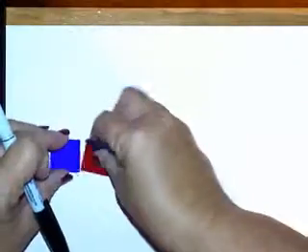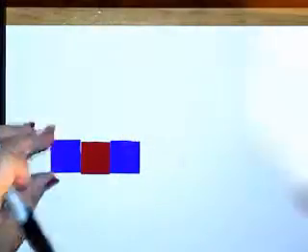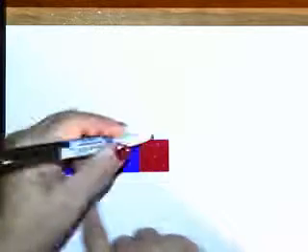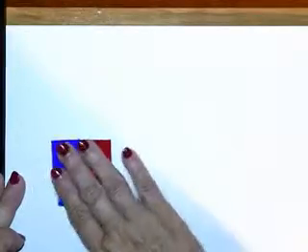Now, let's kind of review real quickly again. If it makes more than one rectangle, like 4 makes more than one rectangle, it has the 1 by 4, but it also has a 2 by 2. So 4 is not prime, it's composite.